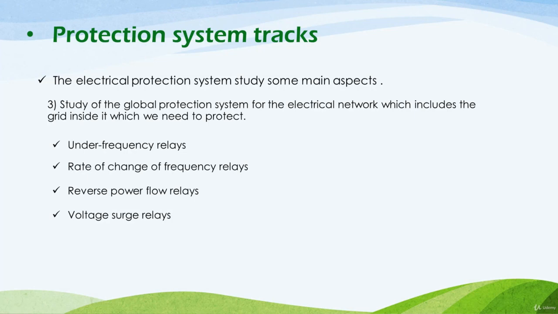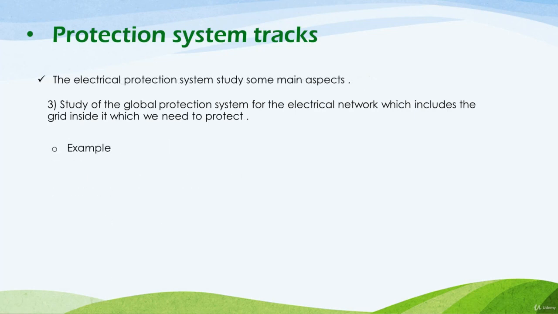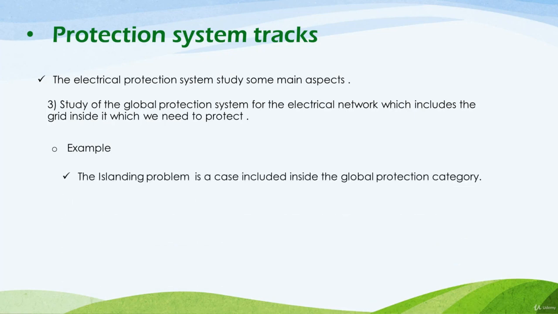Very good. And an example on the global protection is the islanding problem, and the islanding problem is a case at which there are two sources for feeding the electrical load. The first one is the grid, which is the main source, and the second one is the distributed generators. But the problem is that there may be an error in the grid, which makes the grid to be cut out, or there is no power that is going out of the grid now.